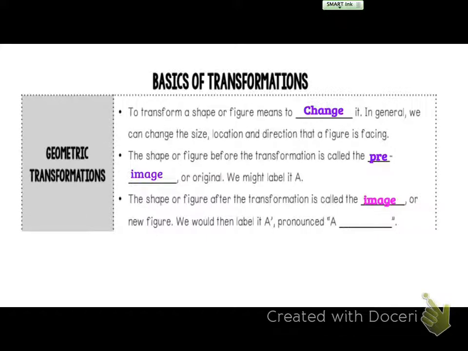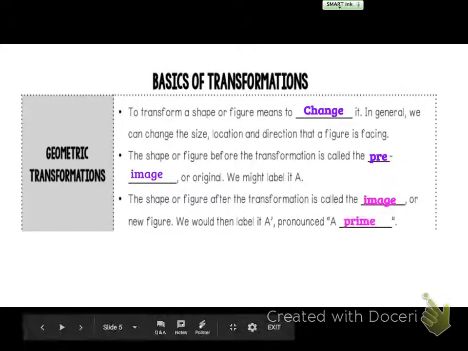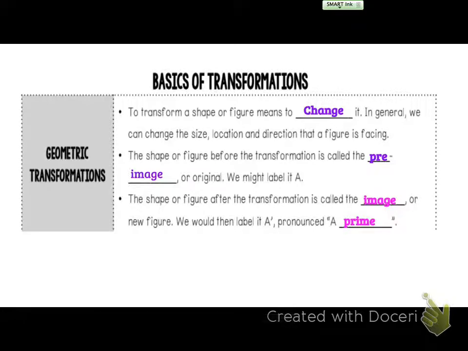We would then label it A prime, pronounced A prime. Do you see the apostrophe sign behind the A? That means prime.